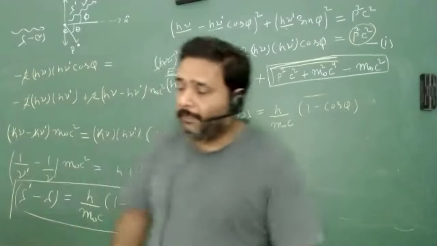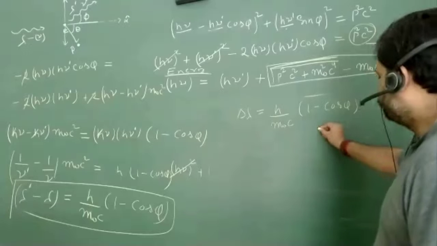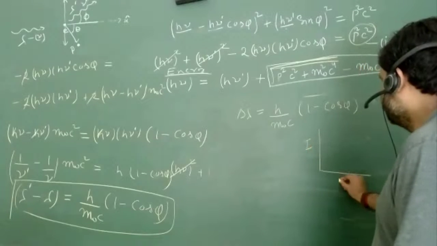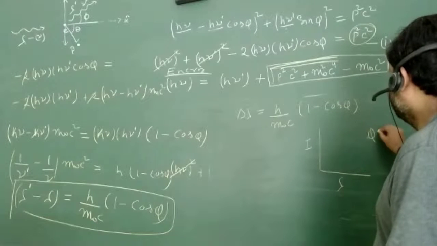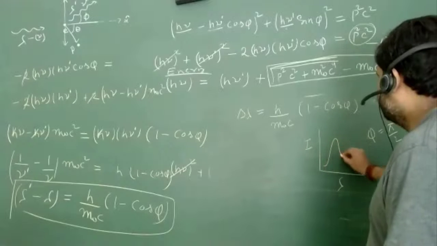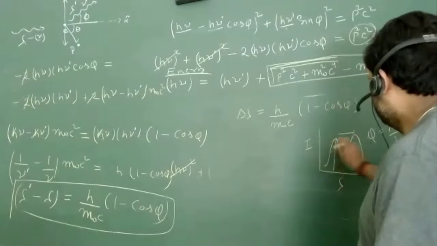Once we see this expression, we can easily explain that there is some I versus lambda, and if phi is equal to, let's say, pi by 2, then there is some change in wavelength. There are two peaks.